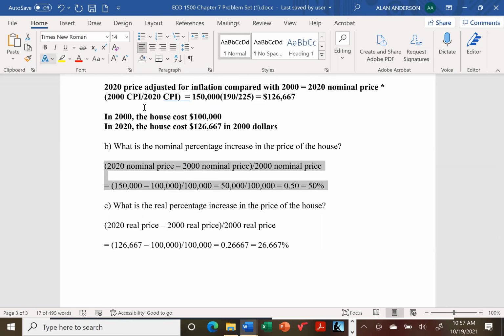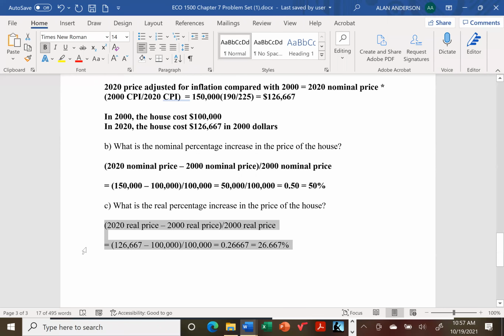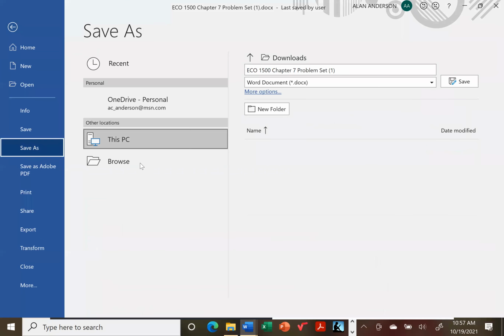Let me just clean it up a little, and let me save it.